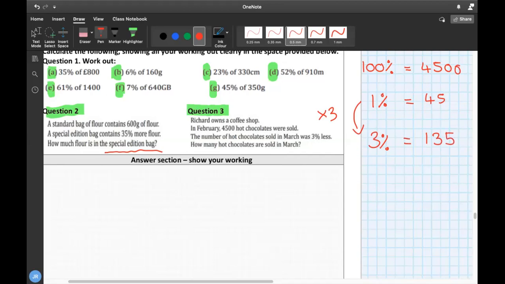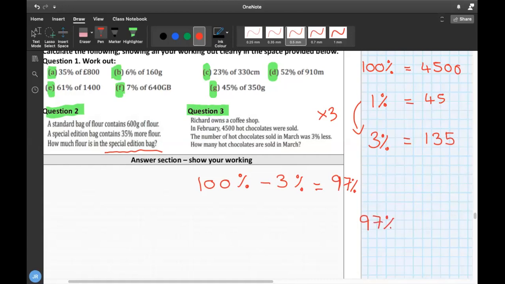But this time, we've got 3% less. So 100%, 3% less of that, you're actually taking it away. So what we've actually found here is 97%. Okay.